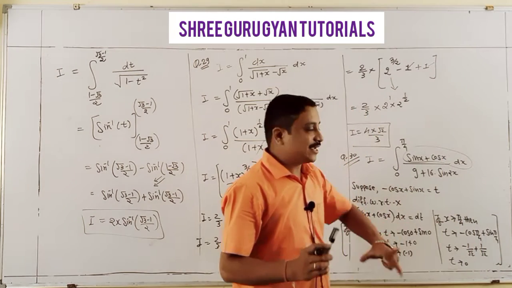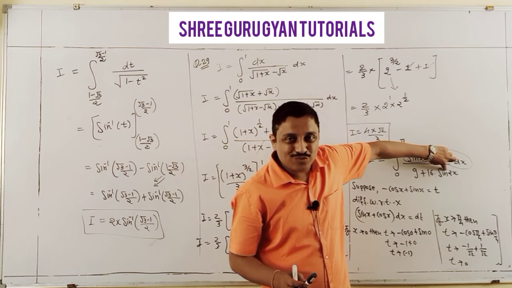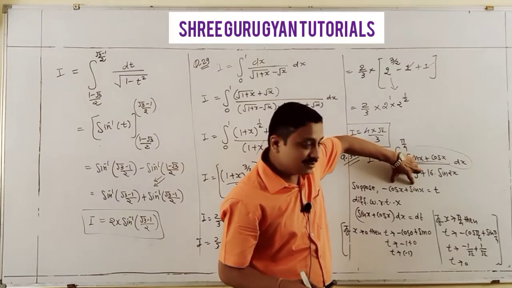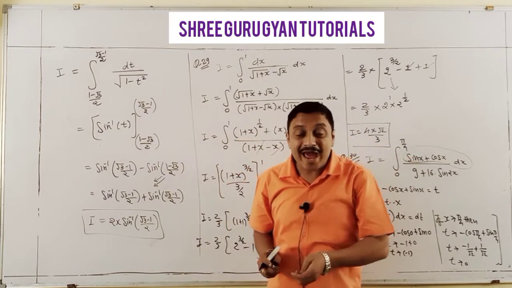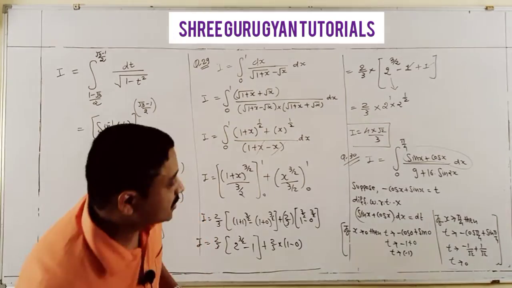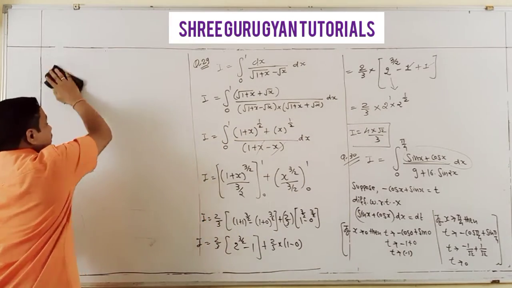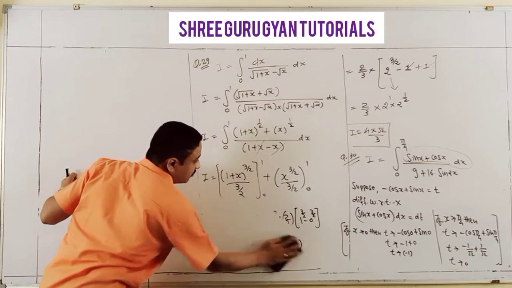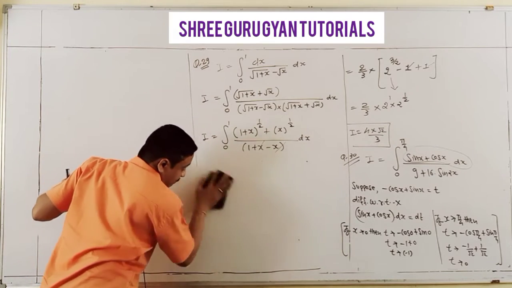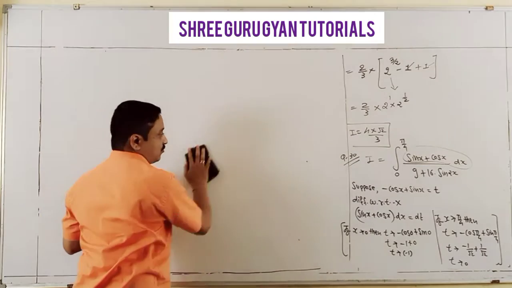Students, all data is ready, only sin 2x is left. What to do for sin 2x? Here, squaring both sides, then you can get the sin 2x value. So start one by one. I just operate that by squaring, and after that derive the integration formula.